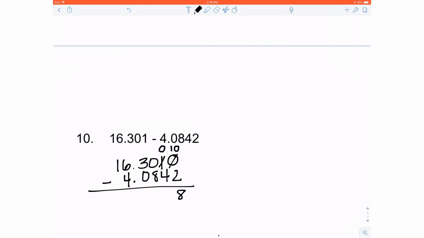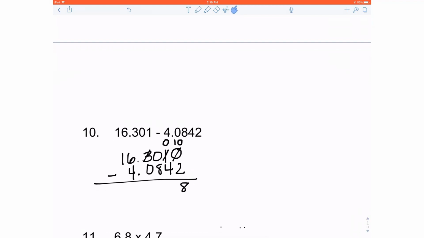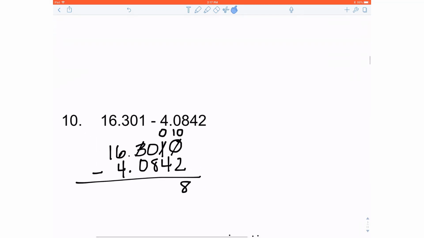Now here we can't do 0 minus 4, so we have to borrow from our neighbor. Now this one's kind of weird because we're looking at the neighbor, and the neighbor doesn't have anything we can borrow from. So before we can borrow from this neighbor, the neighbor has to borrow from their neighbor. So this becomes a 2. Oops, sorry. Let's zoom that in again. This becomes a 2.